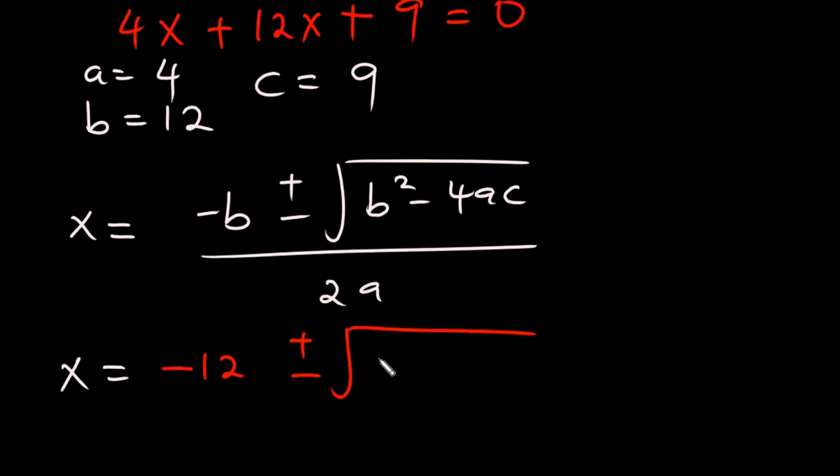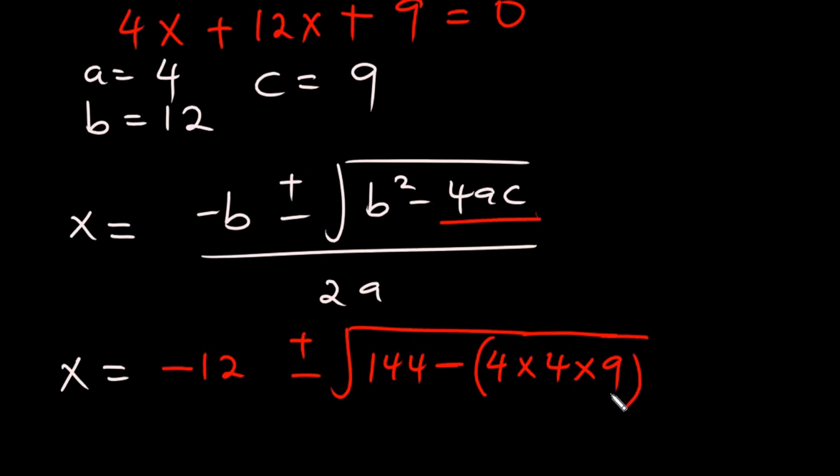So b is 12, so 12 squared is 144, minus 4ac. I suggest that you put a bracket, so that you don't get confused. So we have 4 times a, which is 4, times c, which is 9, and then divided by 2a, and a is 4, so it's 4 times 2, which is 8.